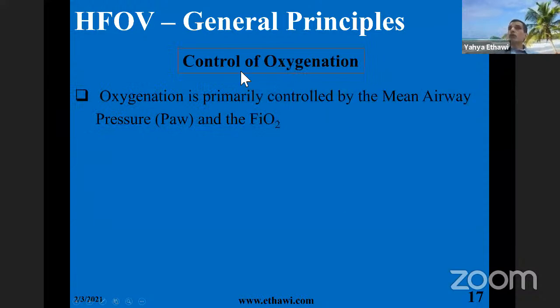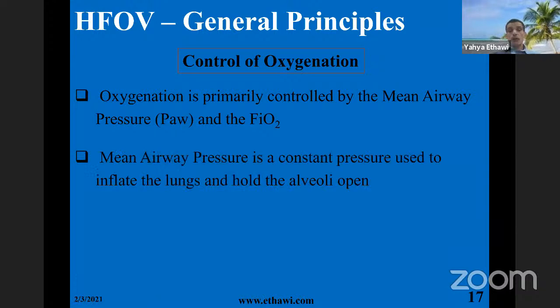The primary control of oxygen in the high frequency oscillator is by MAP and also by FiO2. The mean airway pressure is a constant pressure in high frequency, and the frequency moves around it in a positive and a negative, in and out.